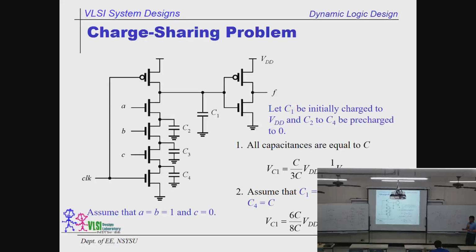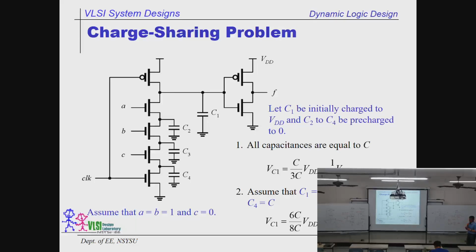This is close to the VDD. So all you need to avoid the charge sharing is that you have no choice but to increase the size of the load. Is that clear? Okay, so based on the equation and the examples over there, that's how you solve the problem.